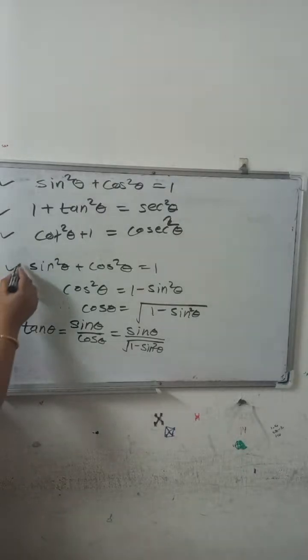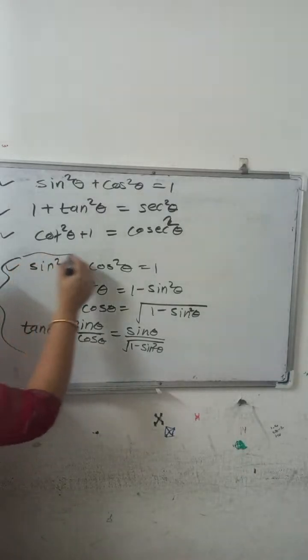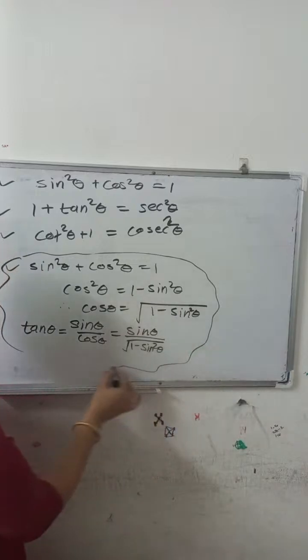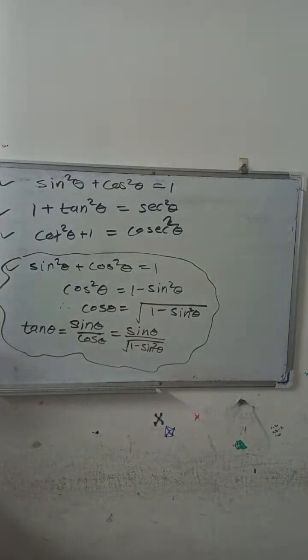By using identities we can do all these operations. This is a very important part. Okay, 100% there is one question for conversion. So we have to make the combination and find the answer. Getting this?